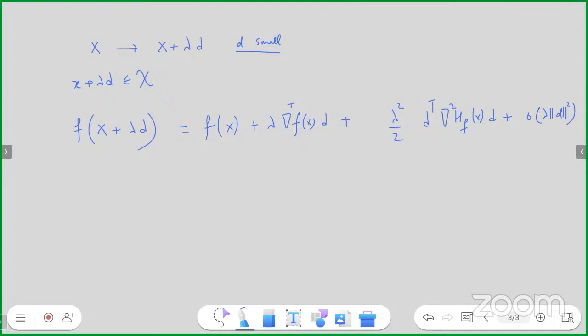Once you overcome the closed versus open problem, then everything actually is trivial. Now, what does convexity tell me of f? That this thing is greater than or smaller than... I want to compare this with these two terms added together.